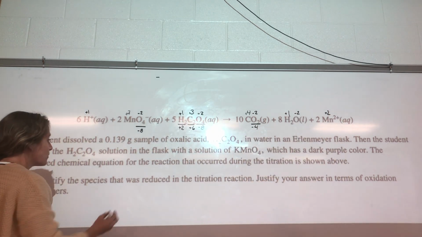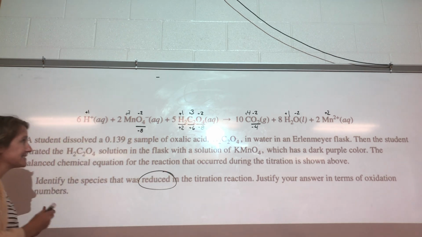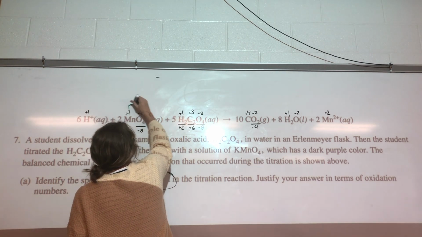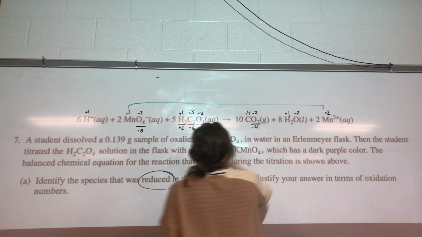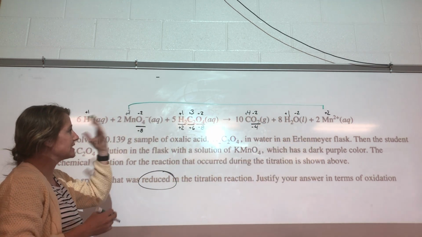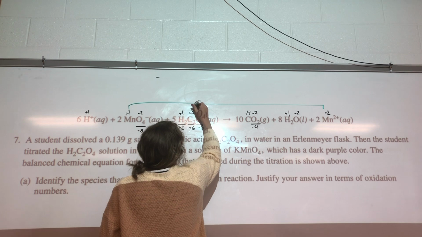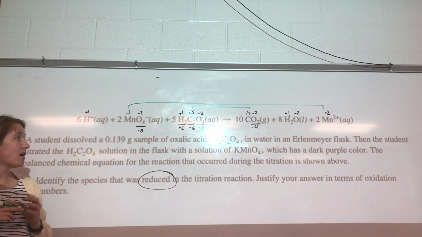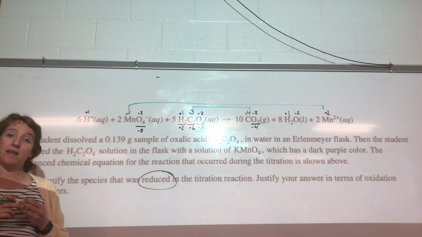Okay, so reduction means that it is going down in oxidation numbers. So let's see here what went down, and it looks like my manganese did. So manganese got reduced. If the problem would have asked, carbon is what is being oxidized because it went up.